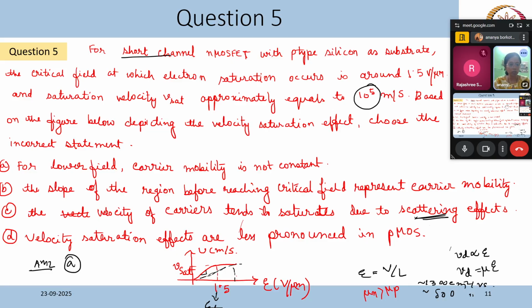That is why in PMOS the velocity saturation effect is not very prominent: within the range of electric field that we mostly operate in, it does not reach the velocity saturation point. We need a much higher electric field in PMOS to reach velocity saturation. This slope denotes mu n. This slope denotes mu p. I hope it is clear now.